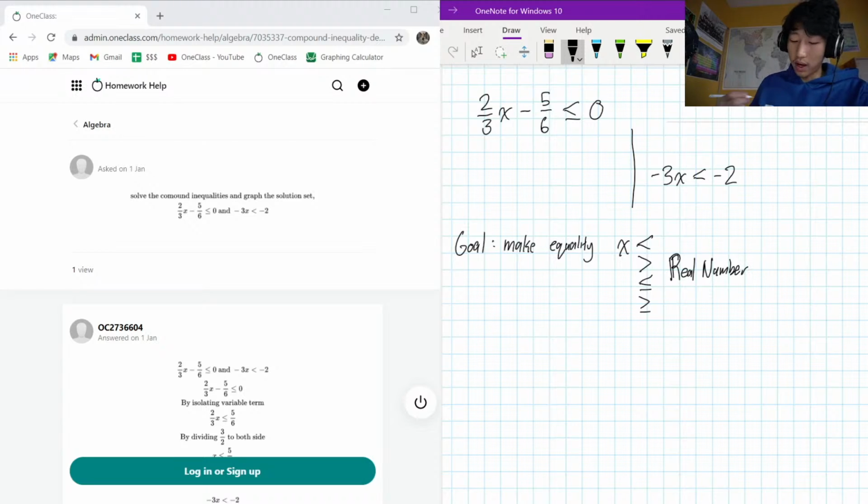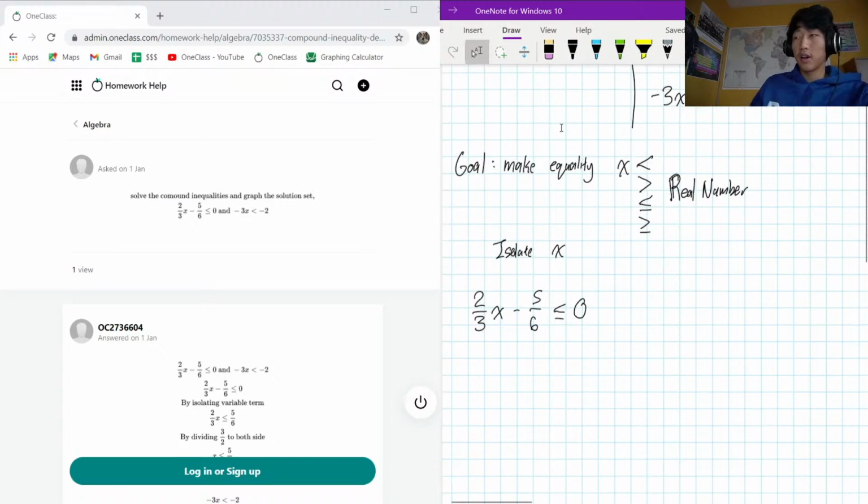Okay, we want to isolate x. So the first one, let's do the first one, which is 2/3 x minus 5/6 is less than or equal to 0. So we can treat these as if they are standard algebra situations.